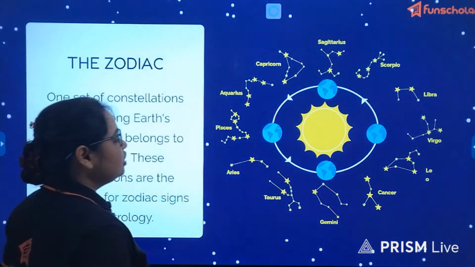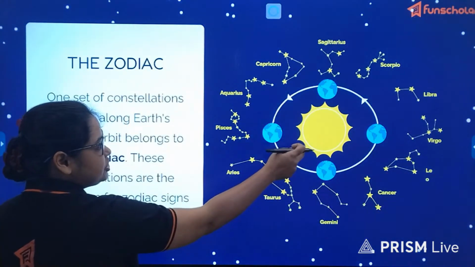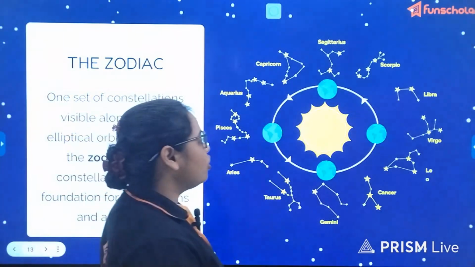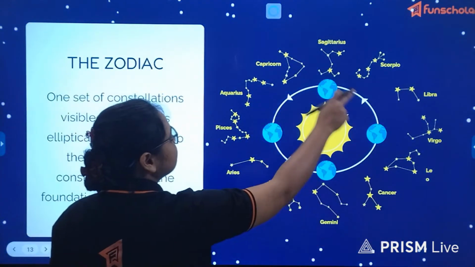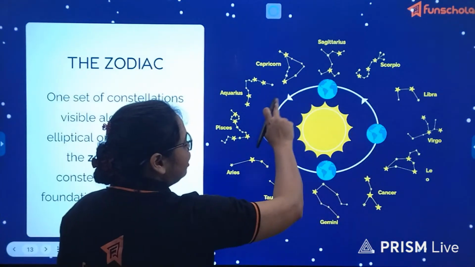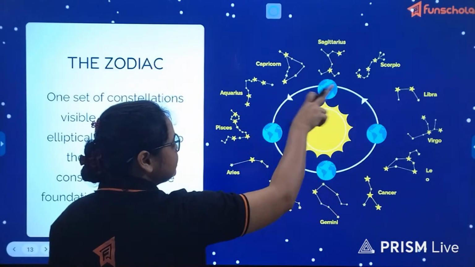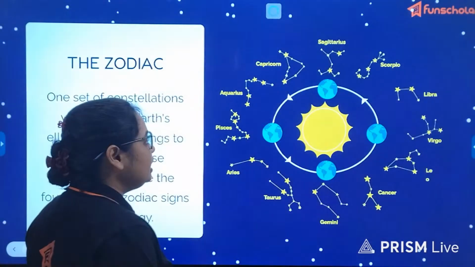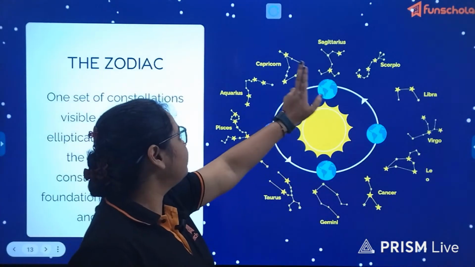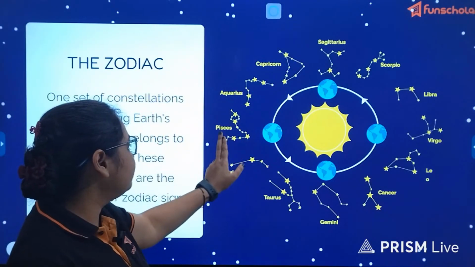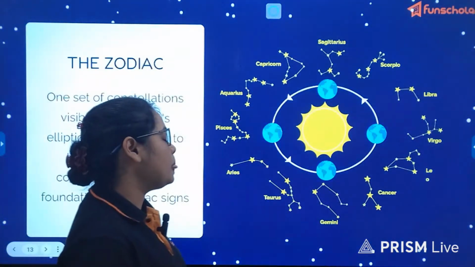Here you can see the central position is occupied by the sun, and the earth is revolving around the sun. And accordingly, as I said, in different seasons of the year, different constellations will be visible.